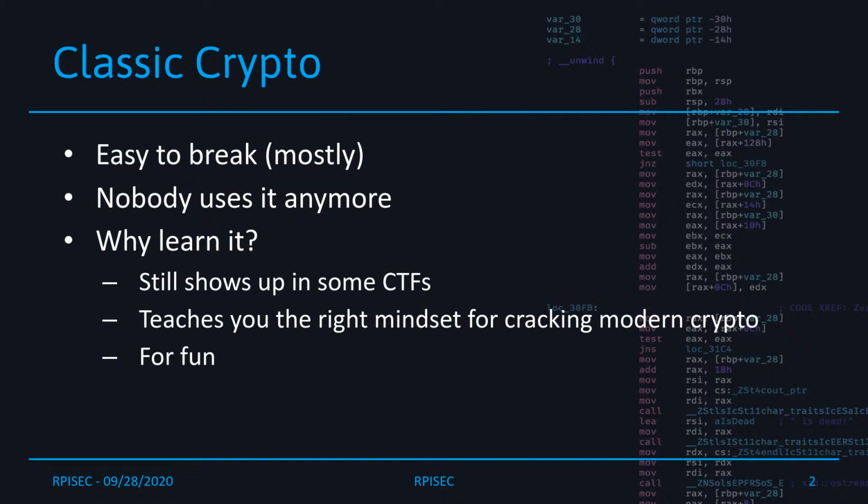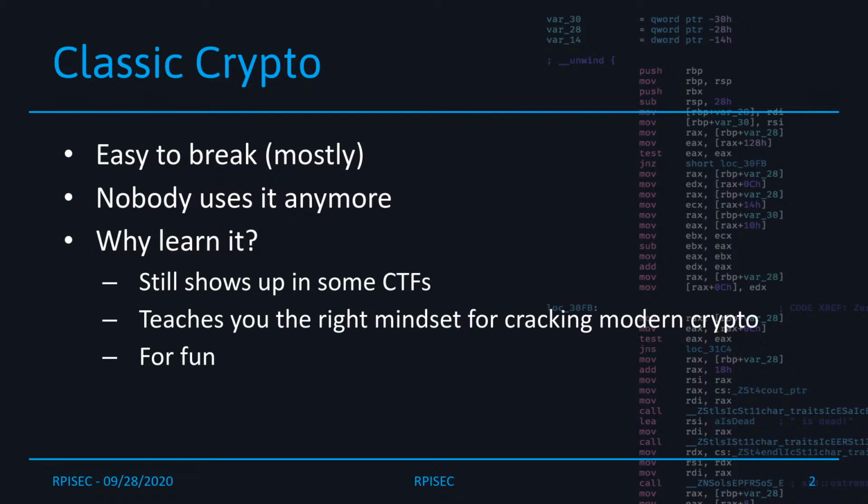So first things first, just a brief history lesson. What I mean when I say classic crypto is any sort of cryptographic system that was used before World War II. Up until that point, most of the crypto systems used by the world fit into some of the categories that we will be discussing today.